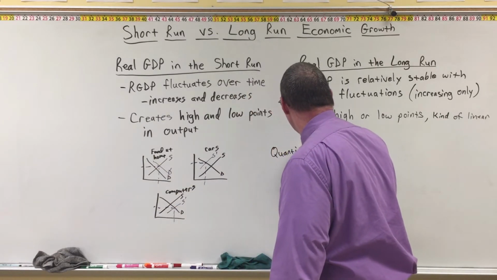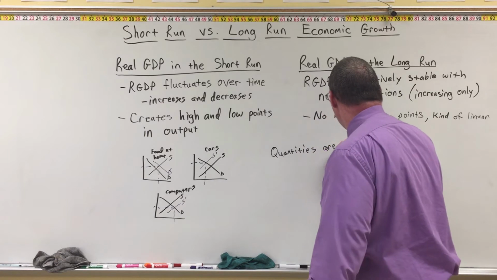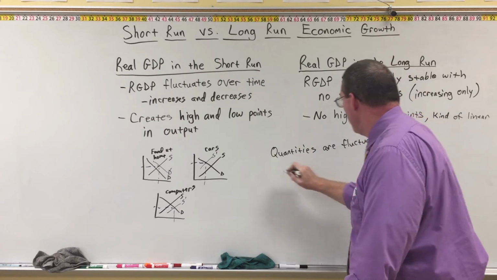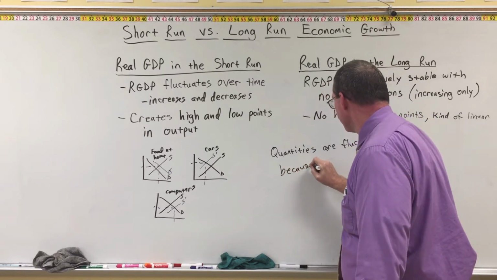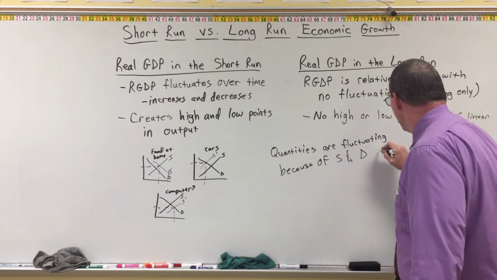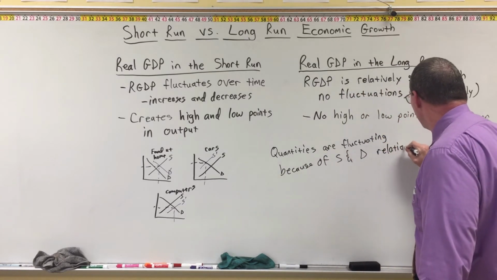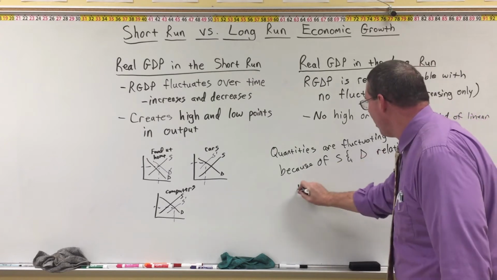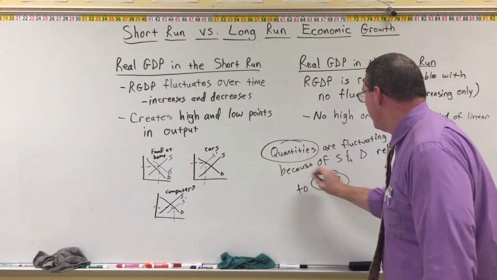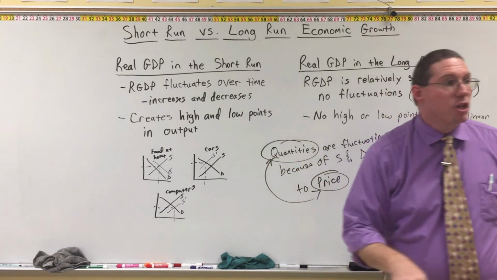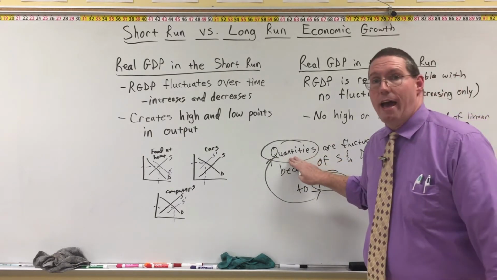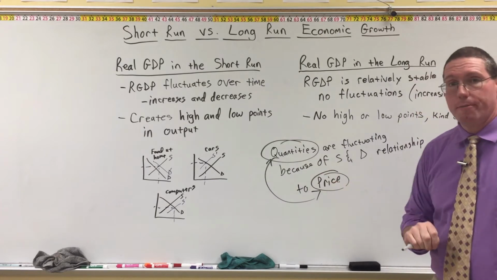Quantities are fluctuating because of supply and demand's relationship to price. And so here our quantities are related to our prices. And so we're going to have fluctuations in quantities because we have fluctuations in prices.